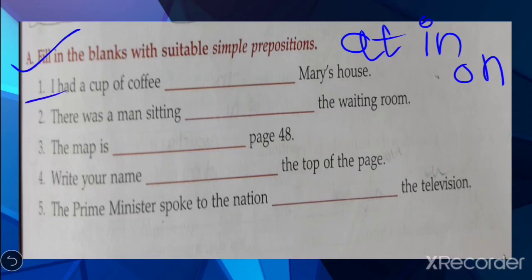Number 1. I had a cup of coffee dash Mary's house. Now here Mary's house is a house or flat. We have learned that when you are talking about a person's house or flat, we have to use at. So here we have to use at. I had a cup of coffee at Mary's house.